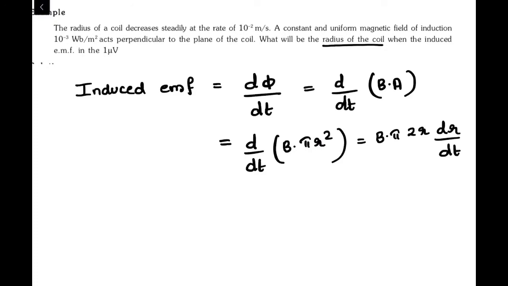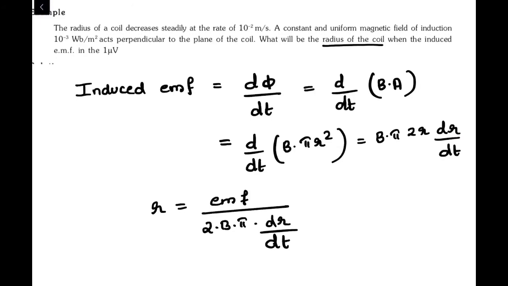Next, what we have to calculate is r. R is equal to induced EMF divided by 2 times B into pi into dr by dt. Now let's check the values which they have given. Induced EMF is clearly given as 1 microvolt, so 10 raised to minus 6 divided by 2 times the magnetic field, which is 10 raised to minus 3, into pi into dr by dt.